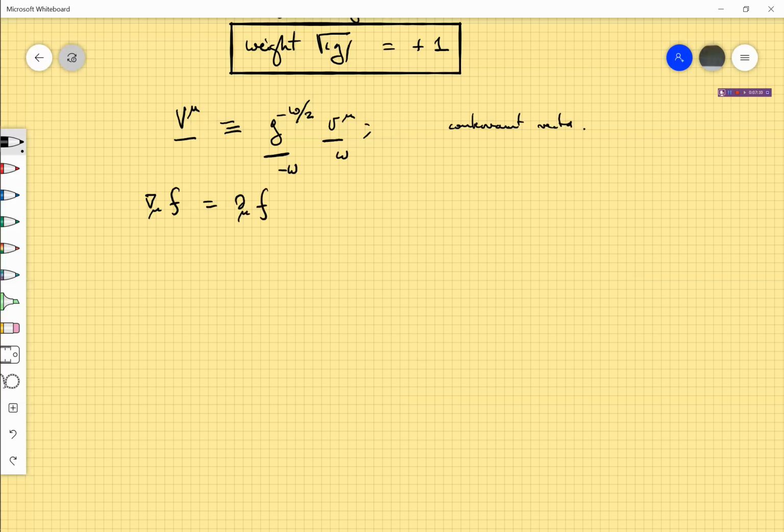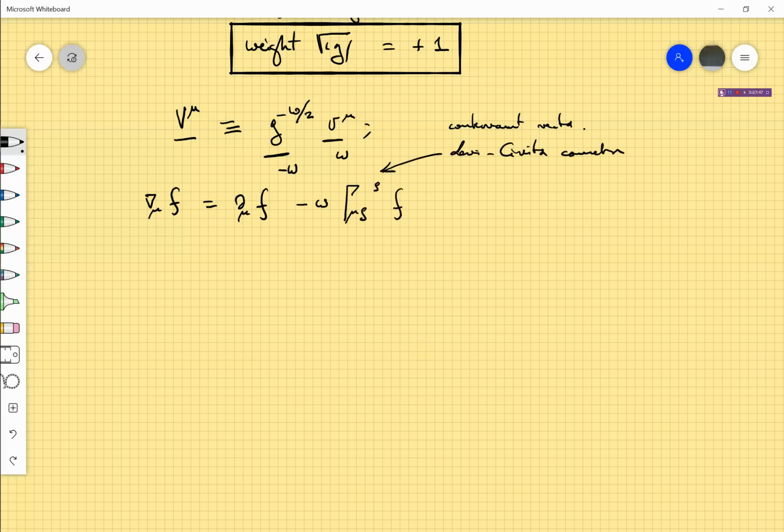The first part of this covariant derivative is the standard covariant derivative. In this case, this is equivalent to the partial derivative. And then there is a term which basically takes care of the transformation of this factor, the determinant of the Jacobian, and which is minus omega, where omega is the weight of the tensor density, times gamma mu rho rho times f. And this is supposed to be the Levi-Civita connection.